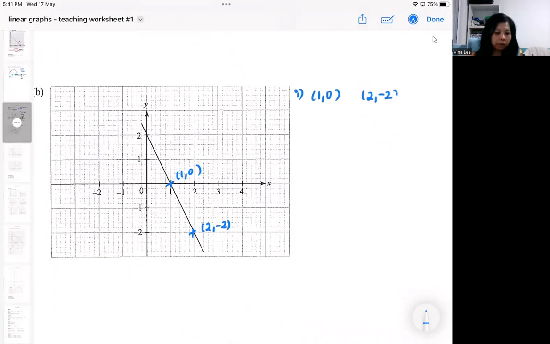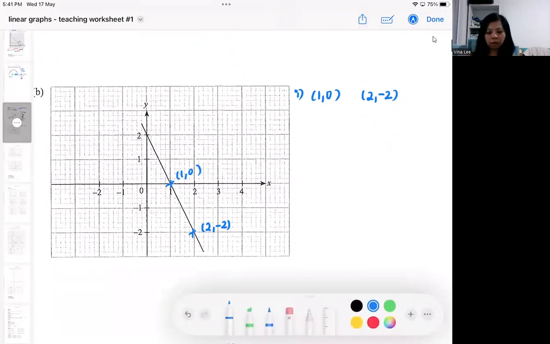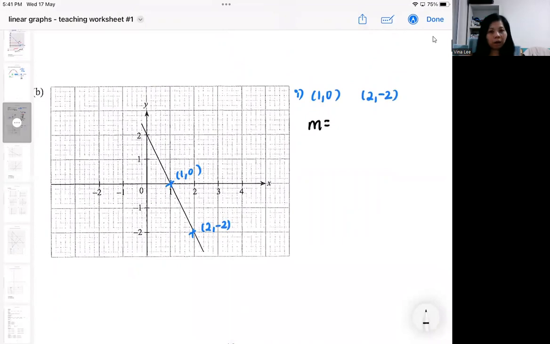Make sure you read the coordinates correctly. Some students calculate the gradient wrongly because the coordinate is not even read correctly. Then the top part, you got to subtract the y coordinate. So please make sure you subtract correctly.